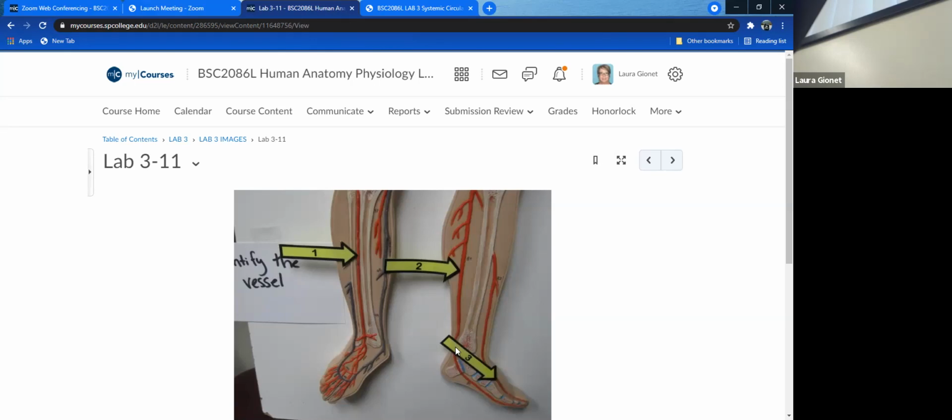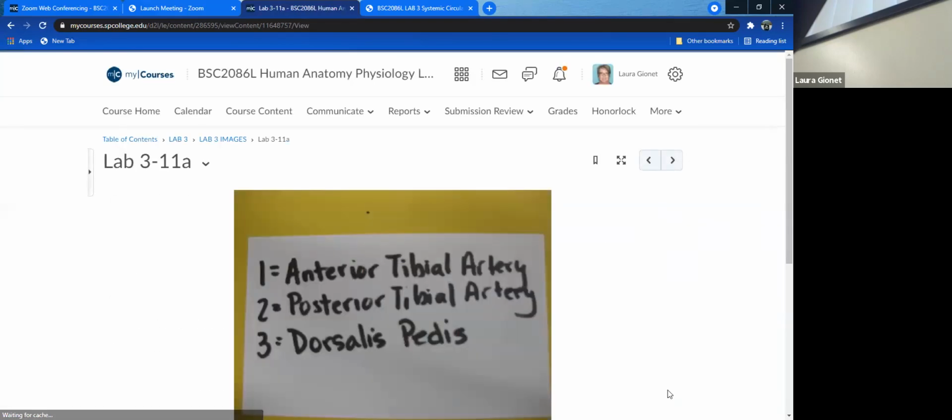If you could just lift that up and follow that posterior tibial artery, that's another pulse point. Just FYI, if you want to try to find them on yourself. And it's dorsalis pedis artery, not just dorsalis pedis.